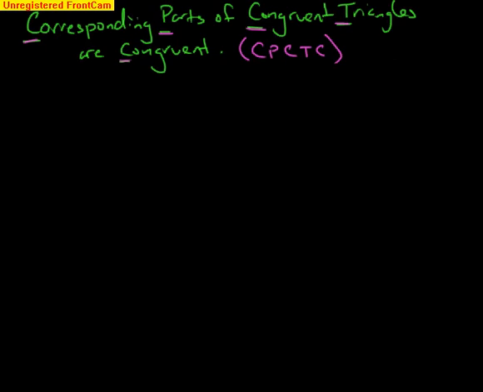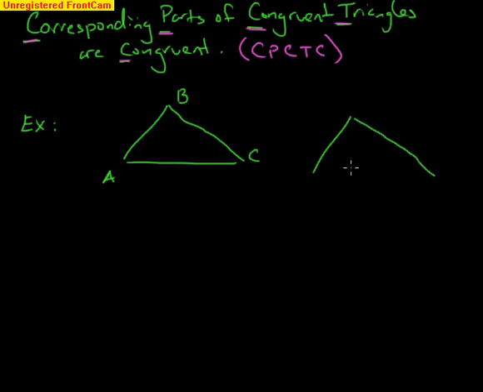Very important. So let's draw two. So this will be an example. I'm going to give you two triangles that are congruent. Okay? So here's a picture, A, B, C. And here's another picture. We'll call it F, D, E. And in this picture it has the following markings.